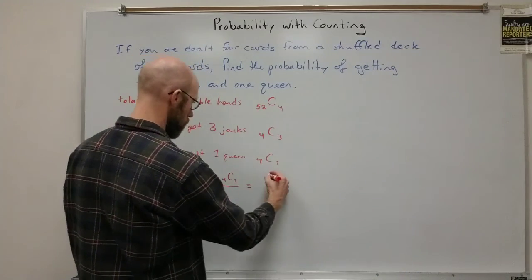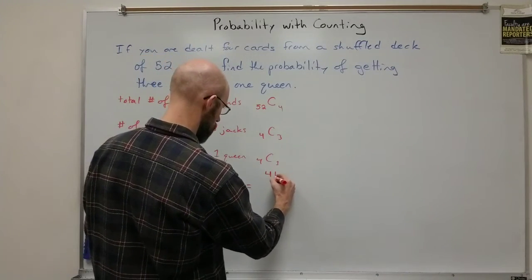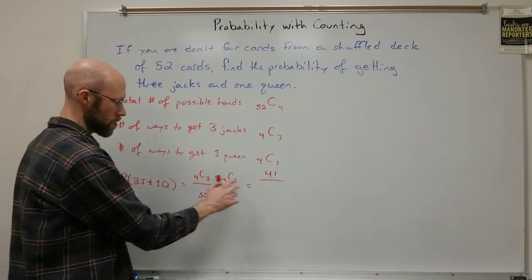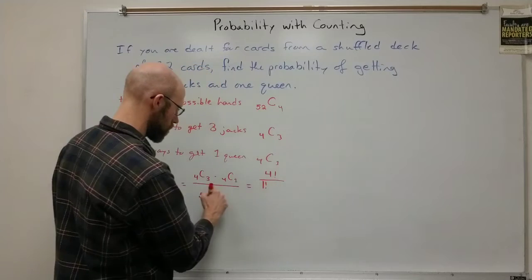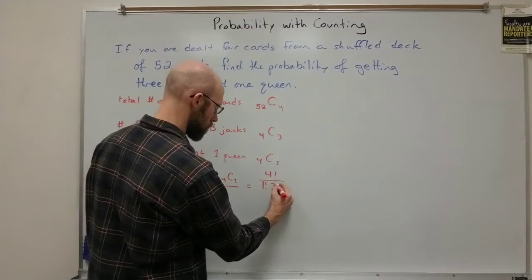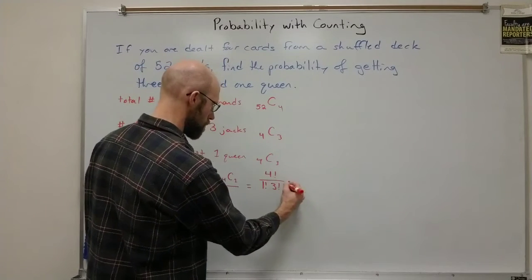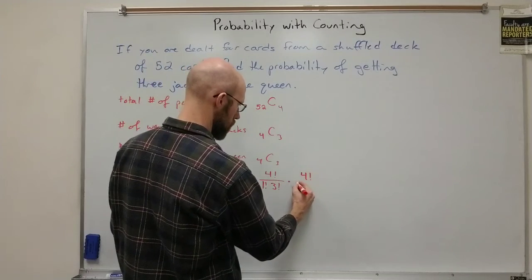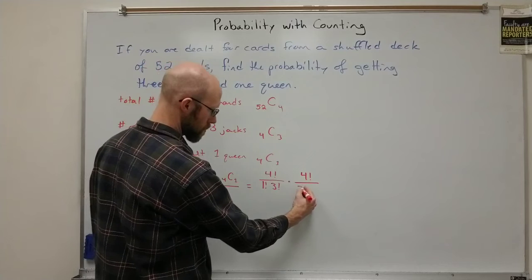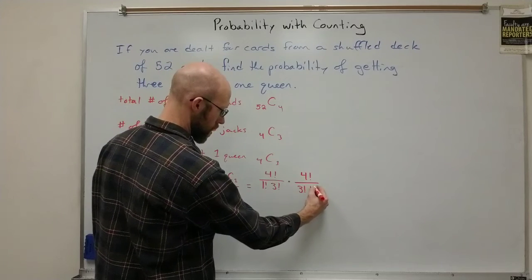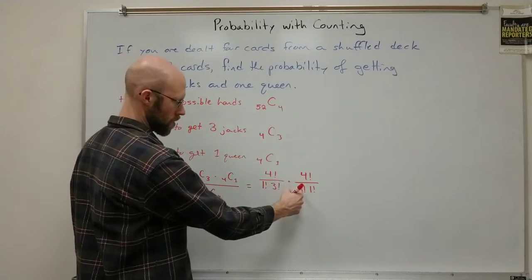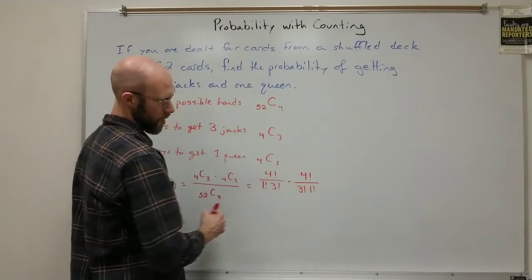Let's see, this is going to be 4 factorial over. Now with these combinations you do the difference, which is 1 factorial times the 3 factorial on the bottom, and then here 4 choose 1 is going to be 4 factorial over the difference, which is 3, and then the r. So n and r, so n factorial, the difference factorial, and r factorial.